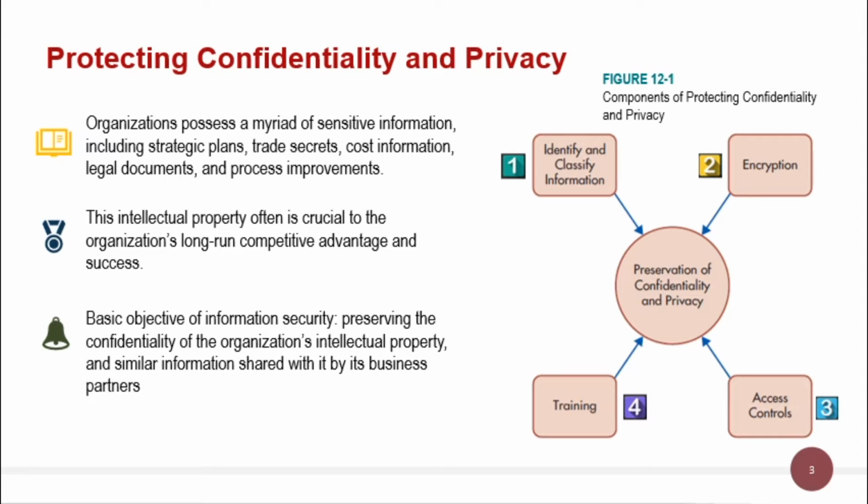And the basic objective for information security is preserving confidentiality of the organization, such as intellectual property or similar information shared with the business partner. We can learn about it later.